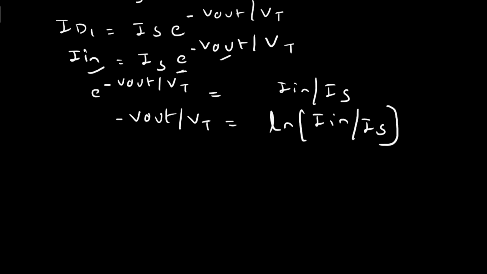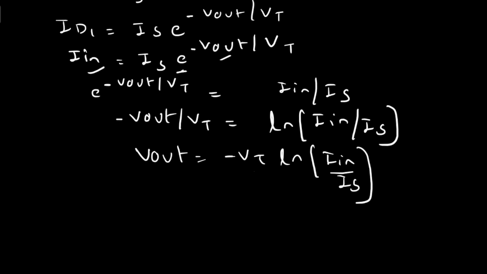Now you can determine Vout equals minus Vt ln of In by Is. Here Vt is a constant, 26 millivolts, Is is the reverse saturation current, and In is the input current you are applying to the circuit. Finally, you have determined the output voltage for the logarithmic circuit.